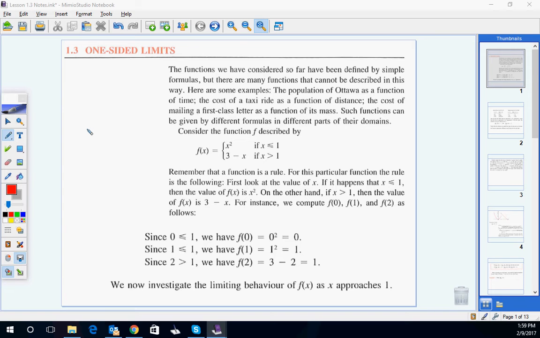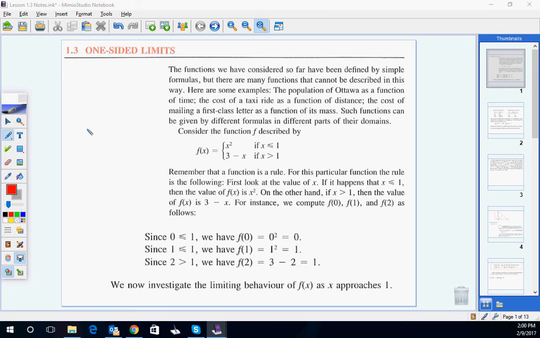So for example, since 0 is less than or equal to 1, where would we check that? We would check that in the x squared function. So the value at 0 is 0, so (0, 0) is a point on the x squared graph. 1, I'd still test in here because this includes 1. 1 squared is 1, so that's where I'd get that value. 2 is bigger than 1, so I put it in here: 3 minus 2 is 1.